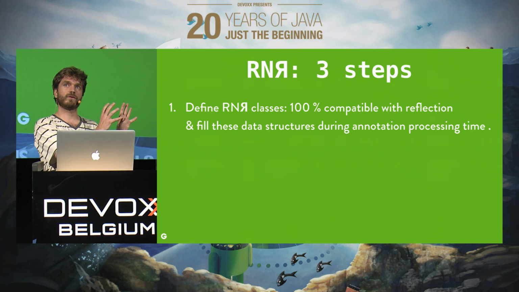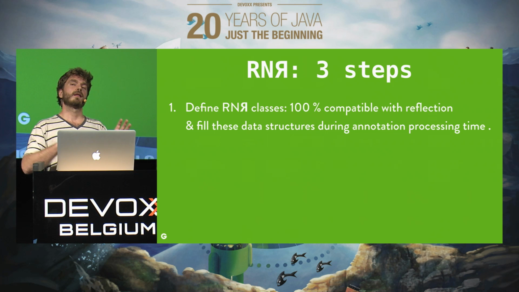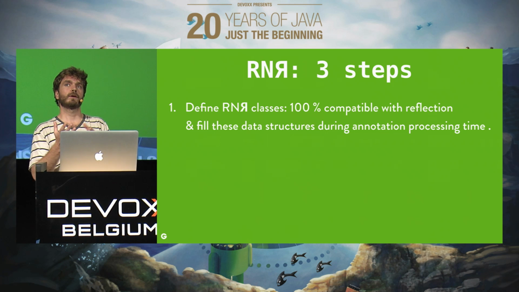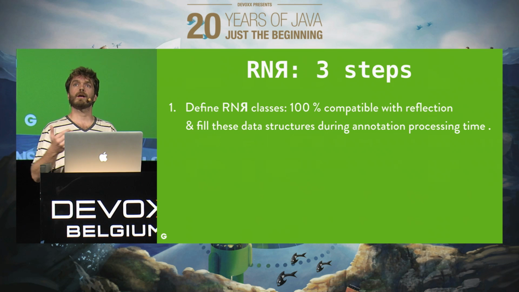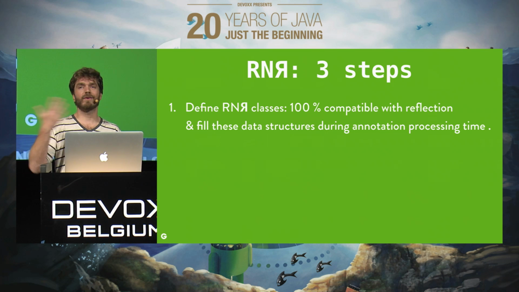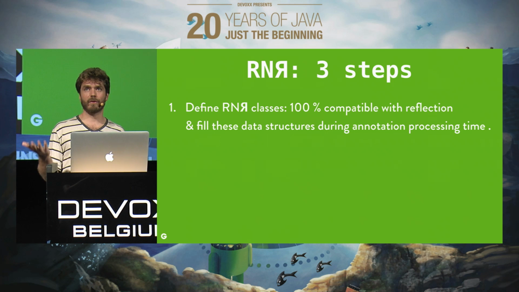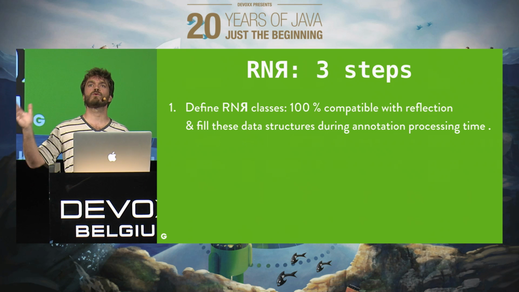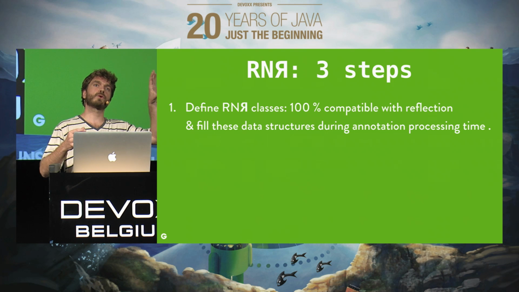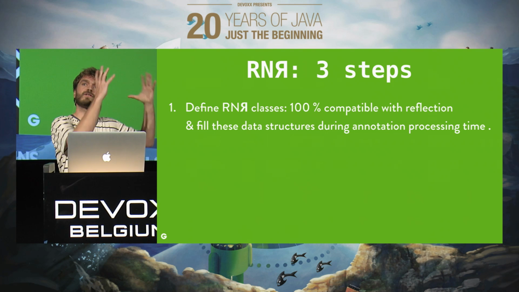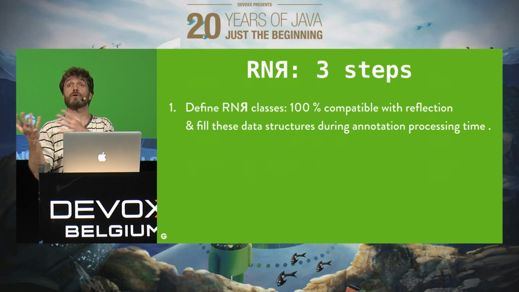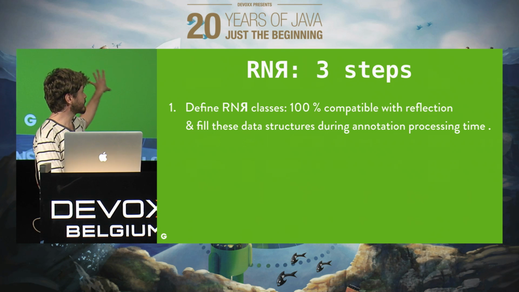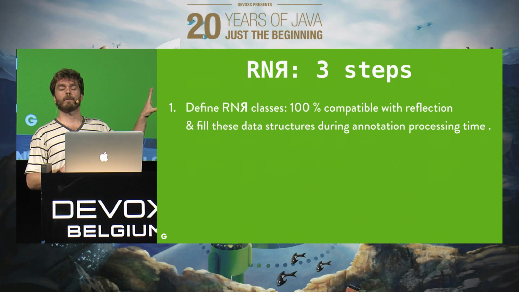So what we're going to do is to generate classes that are fully compatible with reflection, but we are going to fill all the information those classes require, like how many fields do they have, how many methods do they have, what are the annotations of the methods, the parameters, everything that the reflection provides. We are going to try to completely get all this information during annotation processing and create the data structures for reflection. So this only takes place during annotation processing time.